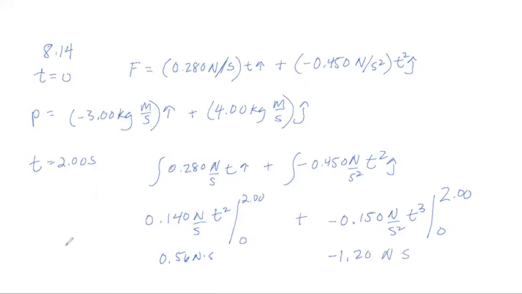And then we add that to the existing values. And we get this guy plus that is going to give us negative 2.44 kg meters over seconds.